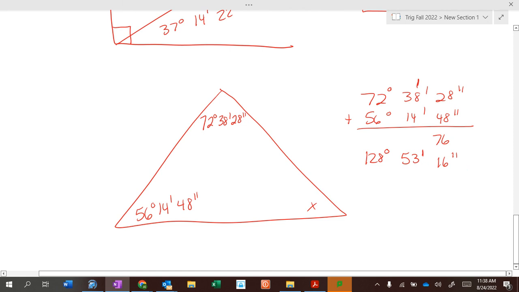So we're going to subtract that from 180, which is really 179 degrees. How many minutes? 59 minutes. How many seconds? 60 seconds. If I just start my carrying right away, then it's easier to see.